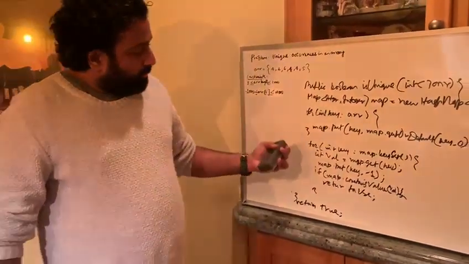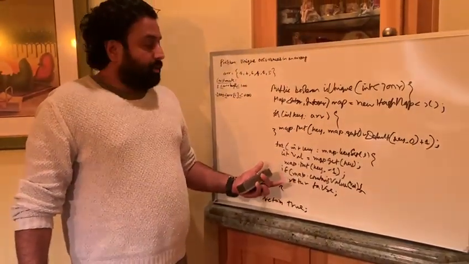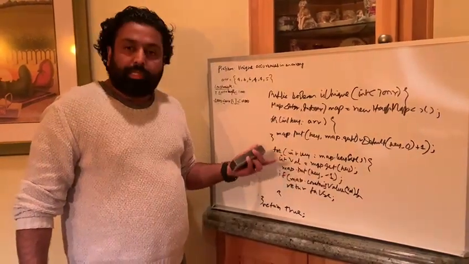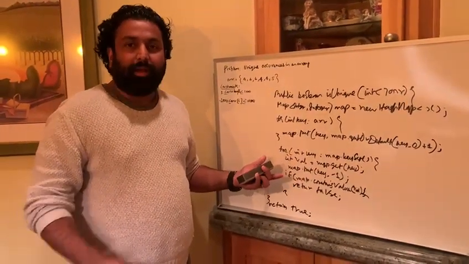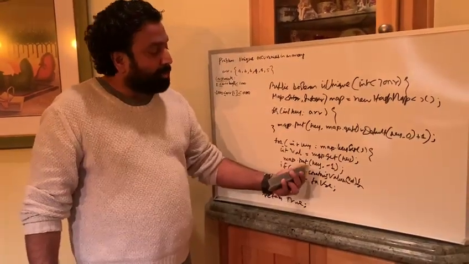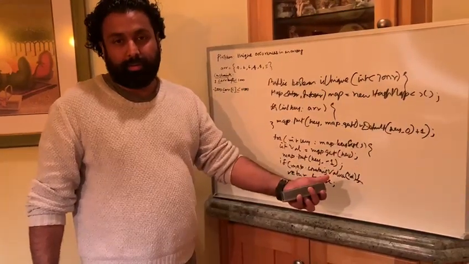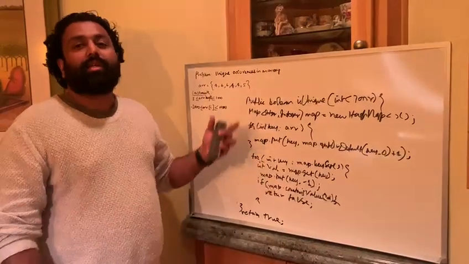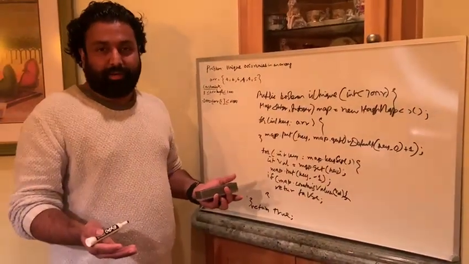So the idea is to iterate over the same map, marking the value as -1 and checking if the map still contains the value. If the answer is yes, then it doesn't have unique occurrences, the array has duplicate occurrences.